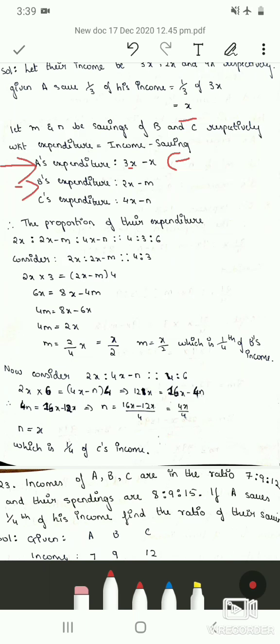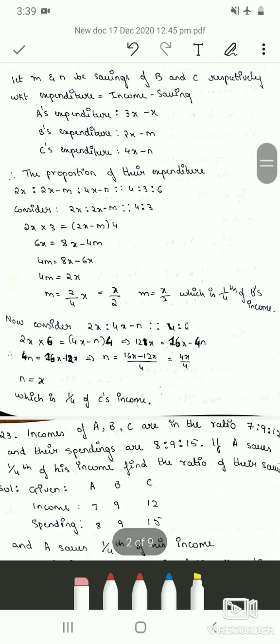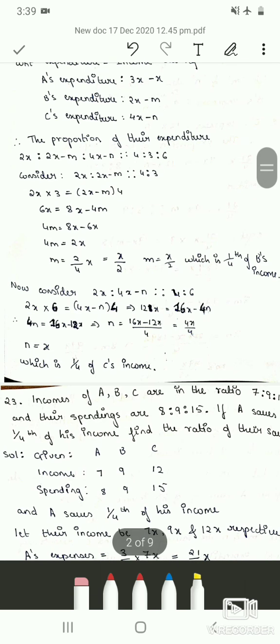So B's expenditure is 2x, which is income of B, minus M, where we have taken B's saving as M. Similarly C's expenditure is 4x minus N, where 4x is C's income and N is C's saving. So we have got expenditure of A, B and C. Next we have to find the proportion of their expenditure.